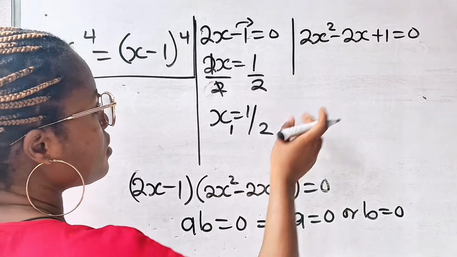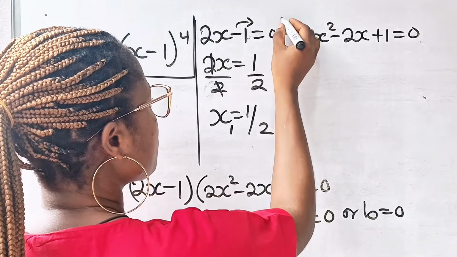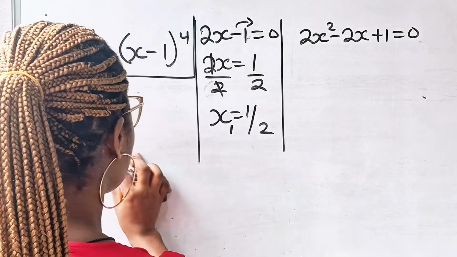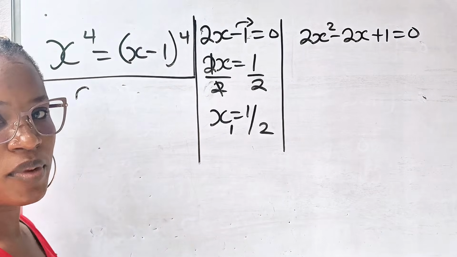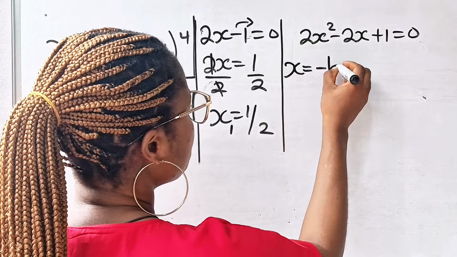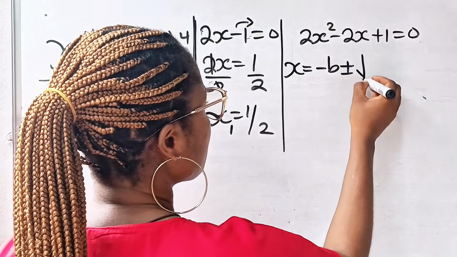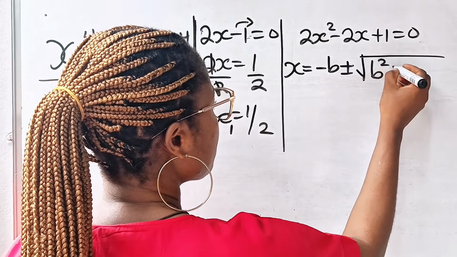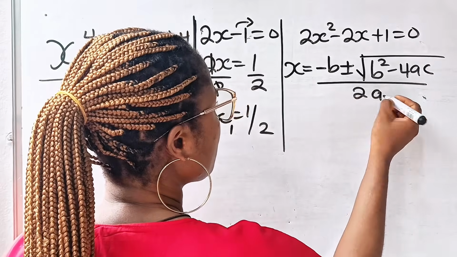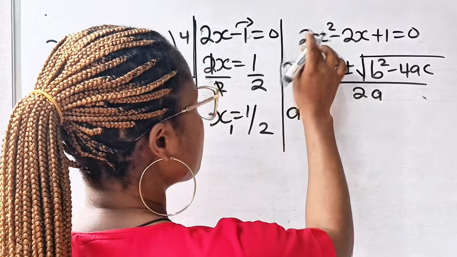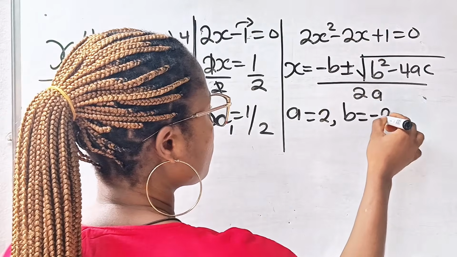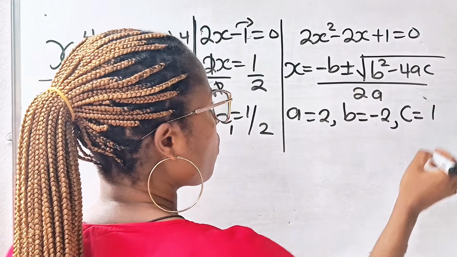Now, looking at this one, we are going to use the quadratic equation formula to solve it. The quadratic formula states that x is equal to minus b plus or minus the square root of b squared minus 4ac, everything divided by 2a. In this case, our a is 2, our b is -2, our c is 1.